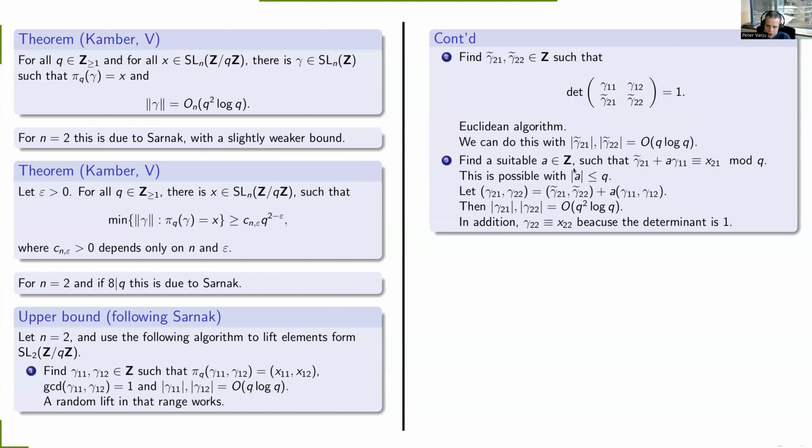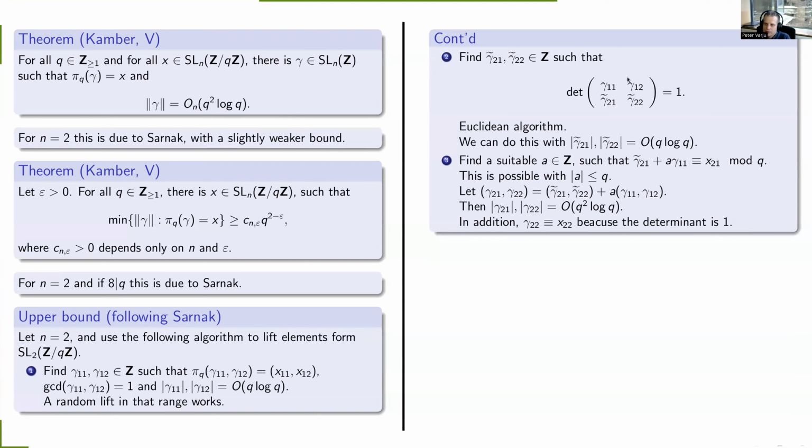and if there is a solution, then it can't be bigger than q. And so we find a suitable a with this property, and then I'm going to add a times the first row to the second row, and then I get a matrix which will still have determinant 1.